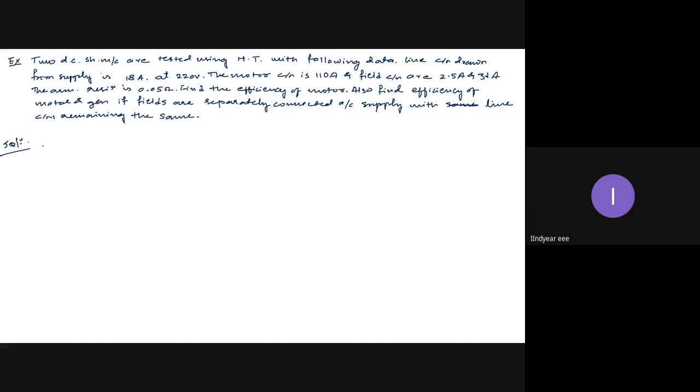First, we'll take that fields connected across armature.